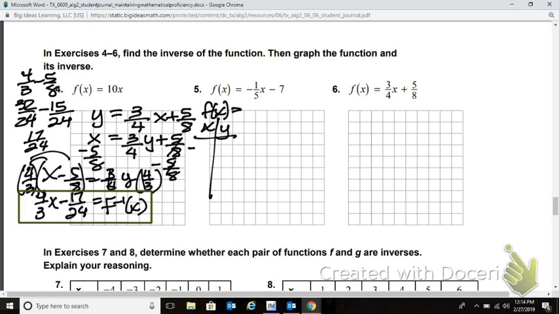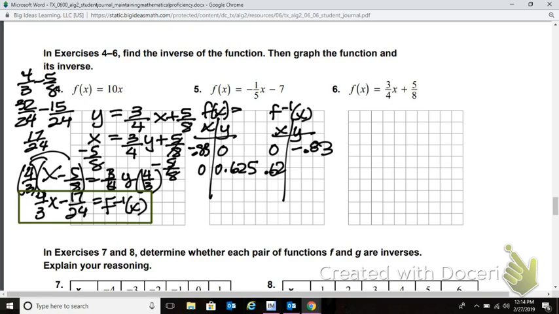So we have negative 0.83 and 0. And then we have 0 and 0.625. So that would be our original function, and then for our inverse function, we just reverse those coordinates. So we would get 0, negative 0.83, and then we would get 0.625 and 0. Okay, so let's go ahead and set up our graph.